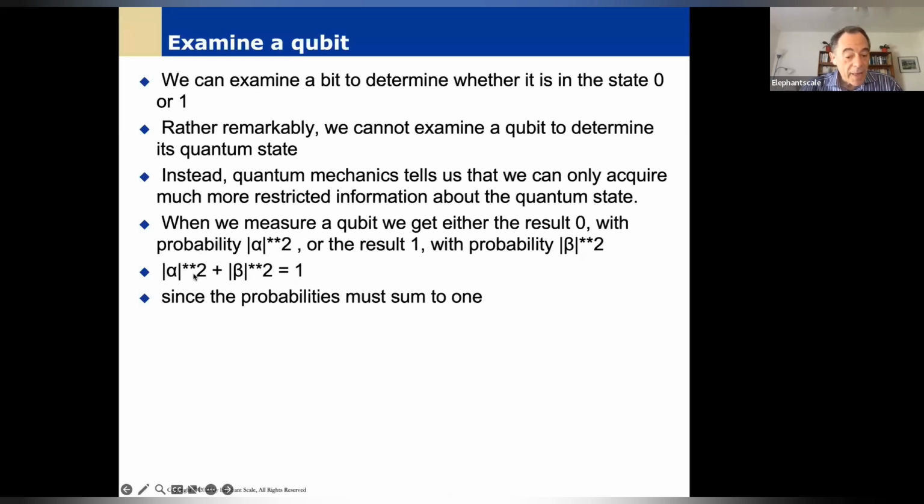Why is it absolute value? And why is it squared? That's like this. First of all, we're talking about alpha being a complex number. So it has a length of that vector, and you can calculate the module of that vector. That is this absolute value of alpha.